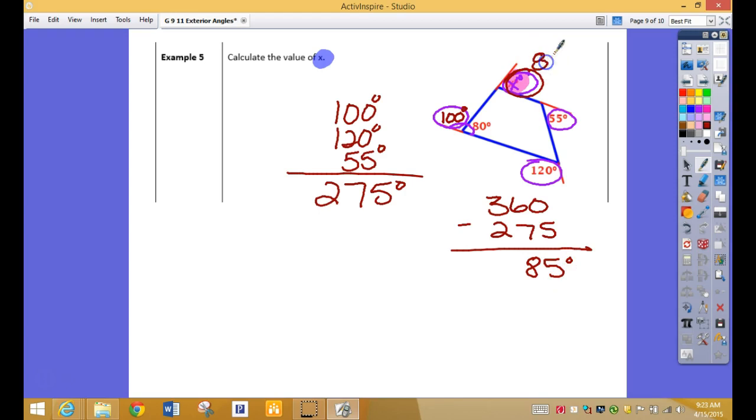That is our missing exterior angle. And again, before you go on, especially in tests and quizzes, add these up. 100, 85, 55, 120, yes, 360. They have to be 360 degrees or you did something wrong.